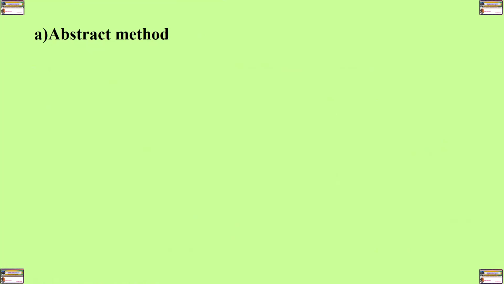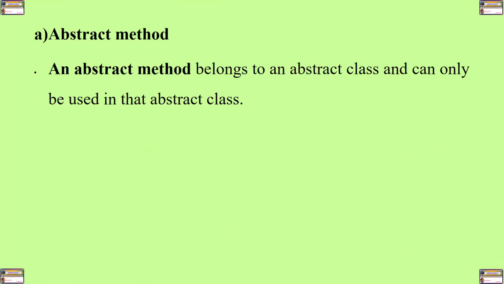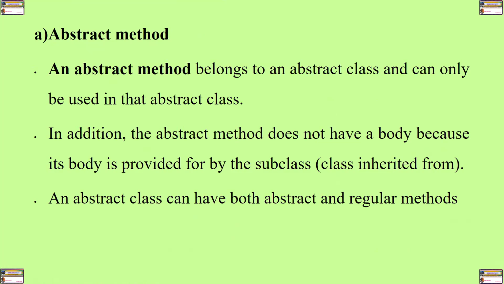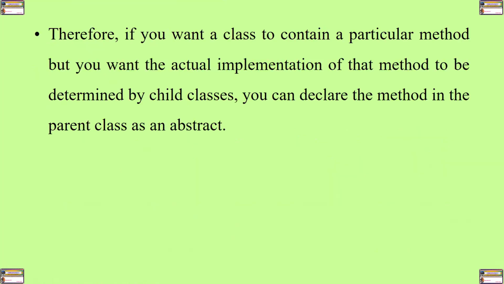However, the question that now arises is, other than an abstract class, what is an abstract method? An abstract method is a method which belongs to an abstract class and can only be used in that abstract class. In addition, the abstract method does not have a body because its body is provided by the subclass, that is the class that it has been inherited from. An abstract class can have both abstract and regular methods.